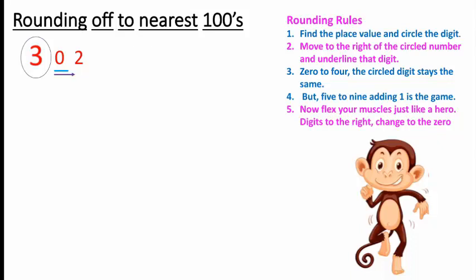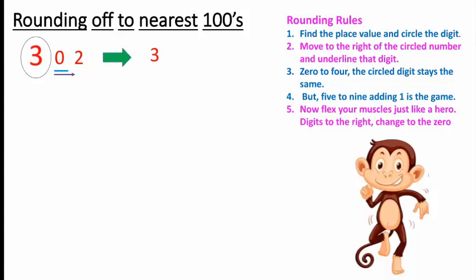Fine, children. Now you can see that this next door digit is less than 5. So what we have to do, there will be no change in the circled digit. So what will be our rounding off? 3 will be written as 3 only.